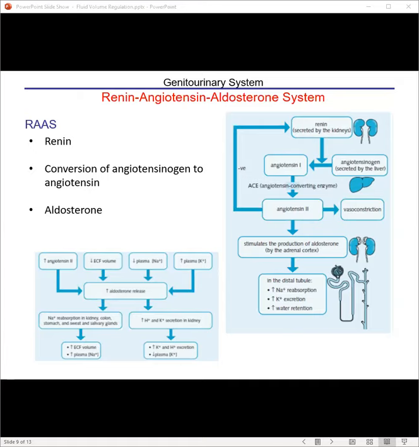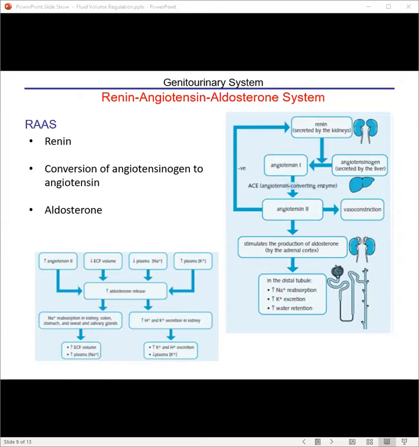This fall in blood pressure is detected by the baroreceptors in the carotid arteries. Because of the decrease in blood pressure, because of the decrease in ECF volume, because of the decrease in sodium, you see the relationship there, the baroreceptors will be activated. The activation of the baroreceptors will lead to increased sympathetic activity, so there will be sympathetic stimulation.